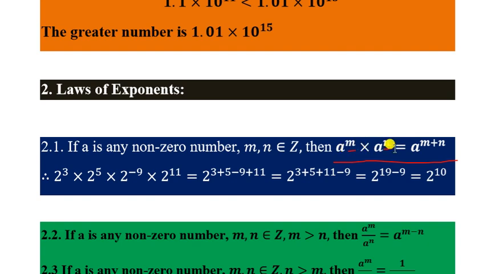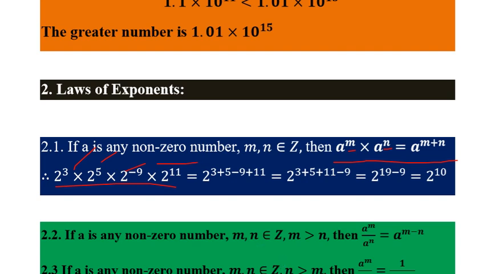When the base is the same and the exponent is different, and for multiplication, we have to add the given exponents. For example, 2 to the power 3, 2 to the power 5, 2 to the power minus 9, 2 to the power 11. See, the bases are the same, 2, 2, 2, 2, but the exponents are different. Here 3, here 5, here minus 9, here 11.